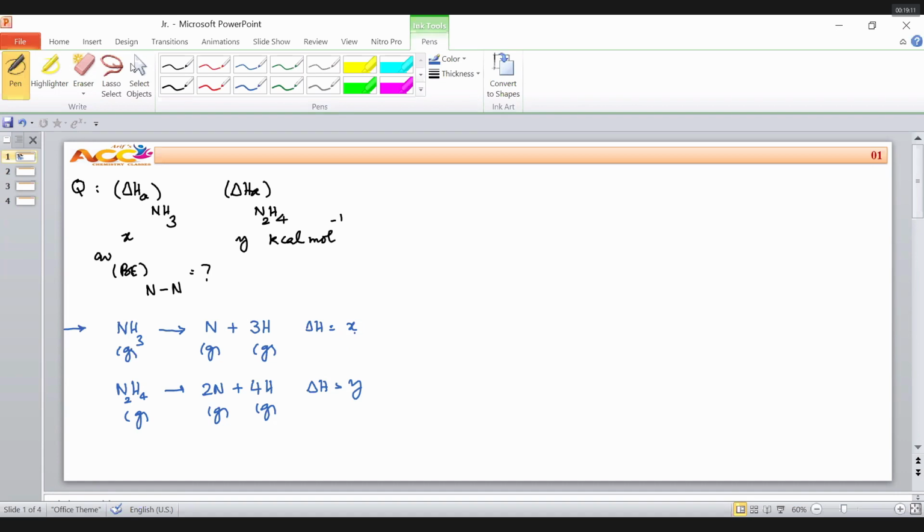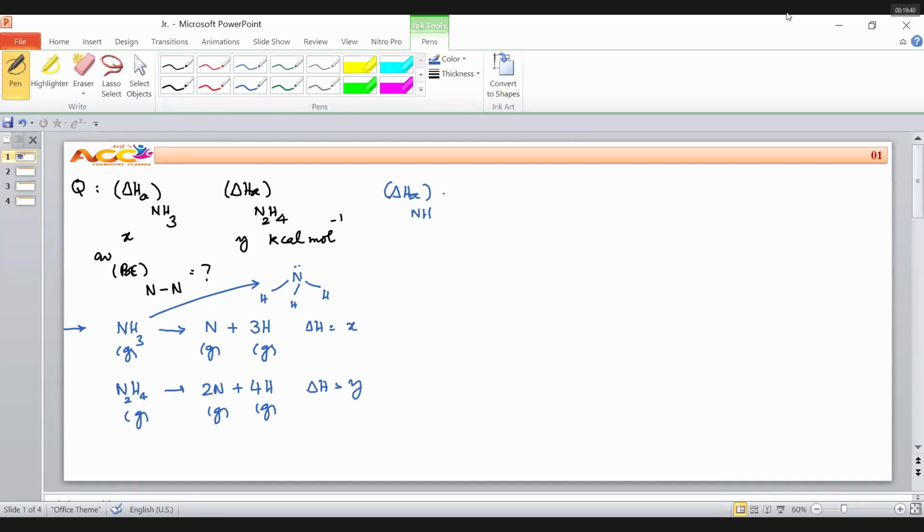Now, the problem examiner is saying it is X, but I want to look at this in a different manner. What have I actually done? Very simple, sir. I have broken up 3 bonds. Which bonds? NH bonds. Therefore, the paper setter is saying heat of atomization of ammonia, his language.